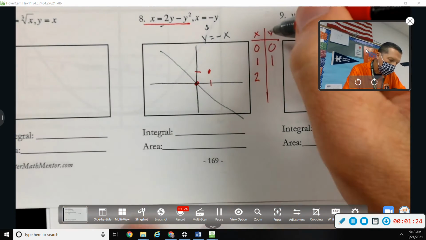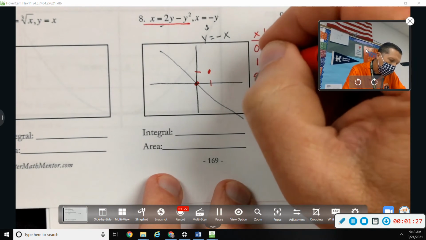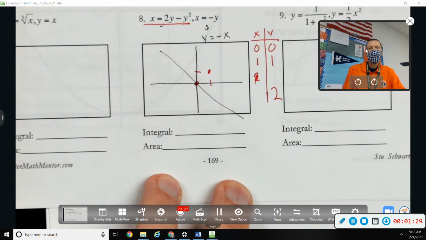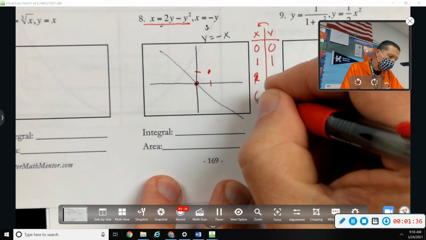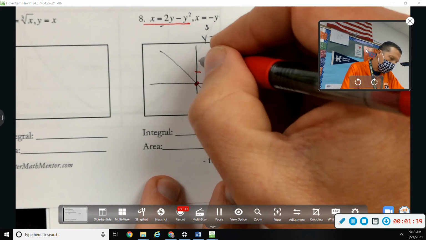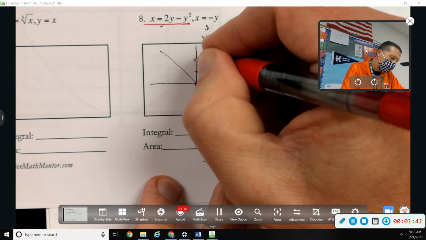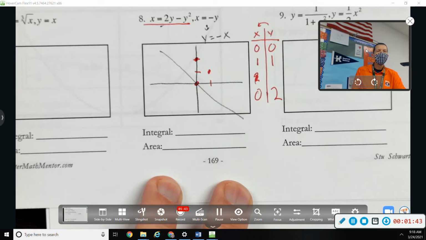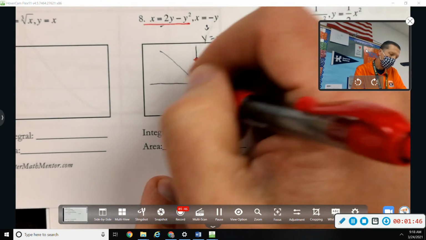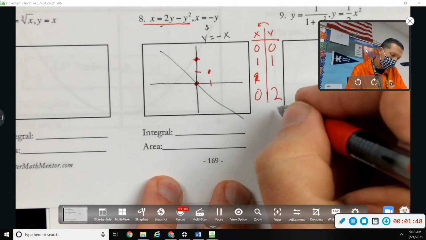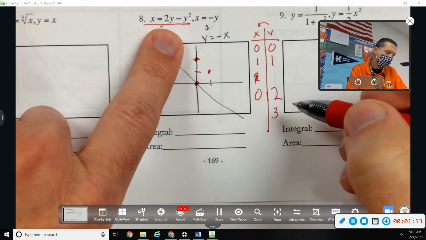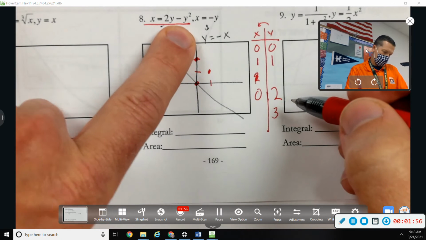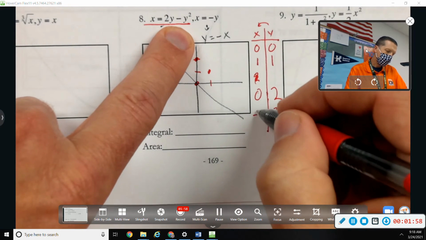Whoops, hold on here. If I plug in 2 for y, I get 0 for x. 0, 2. I think I just found the way this thing is opening. Let's plug in 3 for y and see what happens. So that would be 6 minus 9, which is negative 3.